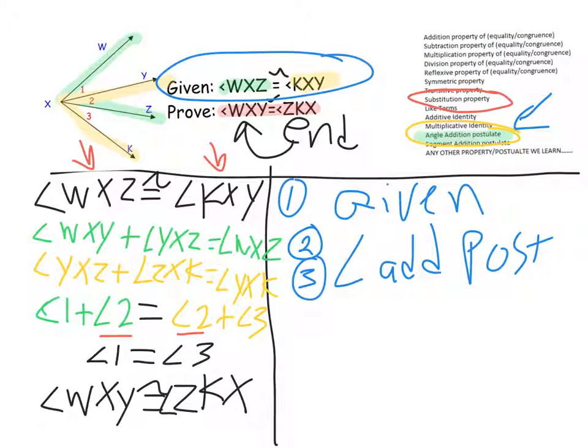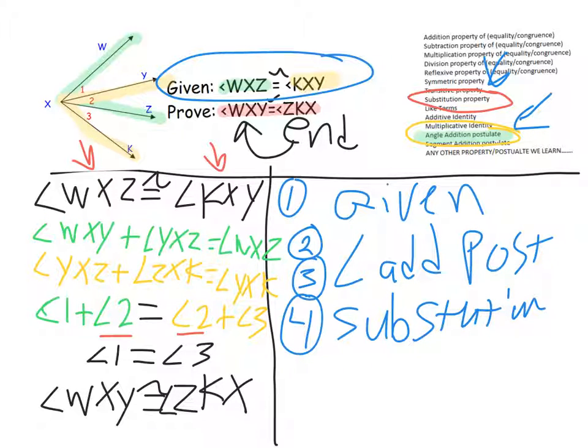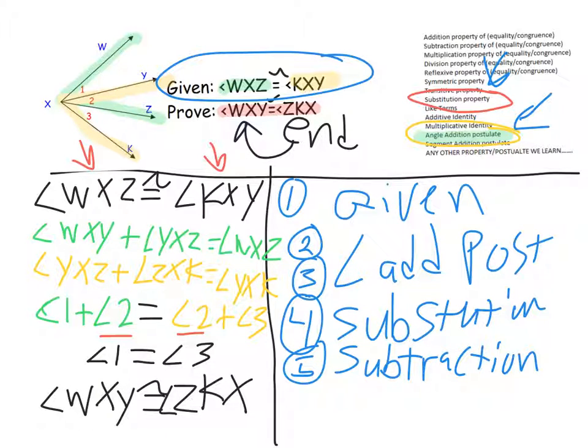The next one, we replace things with, reason number 4 is substitution. Step 4, we just replaced things. And then step 5, we saw that both sides had an angle 2 on them, so we can use our subtraction property.